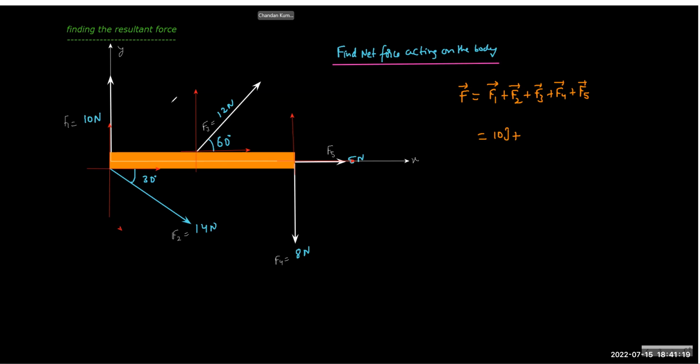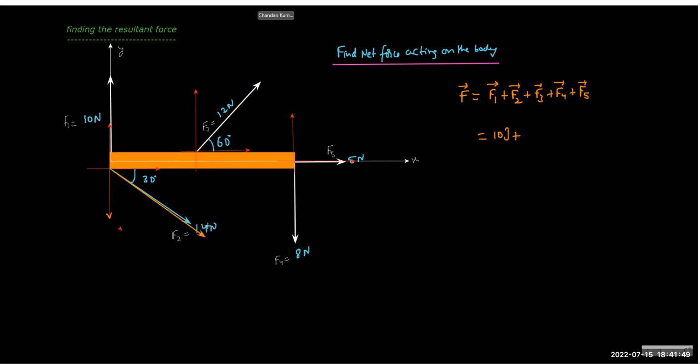Yes, sir. So what you are supposed to do is simply resolve along the nearest X and nearest Y. And because you know whether the nearest Y is Y or minus Y, put the sign accordingly. So can I say the 14 cos 30 will give me the positive i direction? Just take the arrow and turn it, you can realize, right?